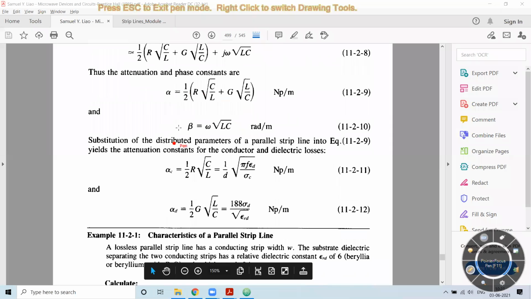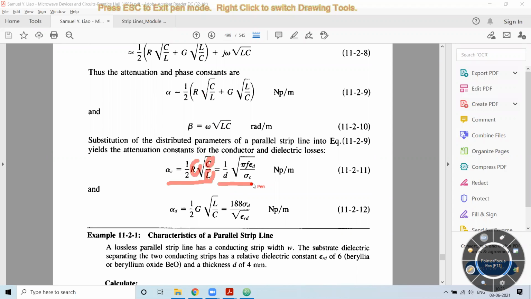Therefore, we have alpha c, which is given by half into R square root of C by L. When you substitute R, C, and L from the above equations, you will be able to simplify it as 1 by D square root of pi into f into epsilon D, where epsilon D is epsilon naught into epsilon rd, divided by sigma c.